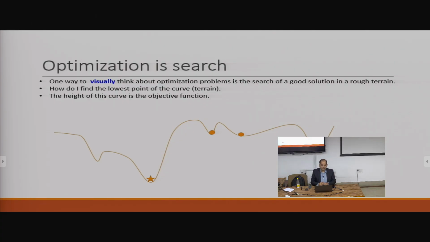And your objective in optimization is to find the lowest point of the curve or the terrain. So here we have a one-dimensional problem, but you could have two-dimensional, you could have many-dimensional problems. But many times these intuitions about how an optimizer is working help us in understanding and extending our knowledge to a higher number of dimensions. Don't try this too much, but it's good to have some intuition about what's going on.